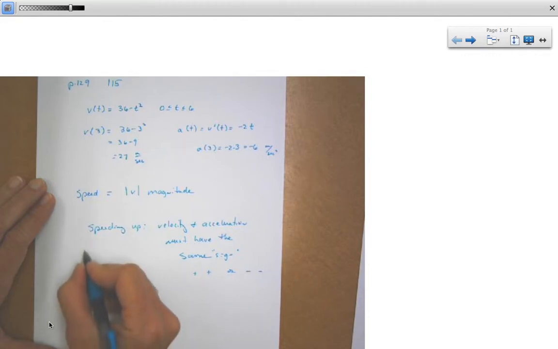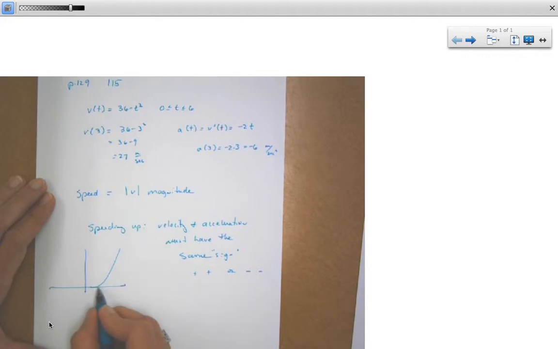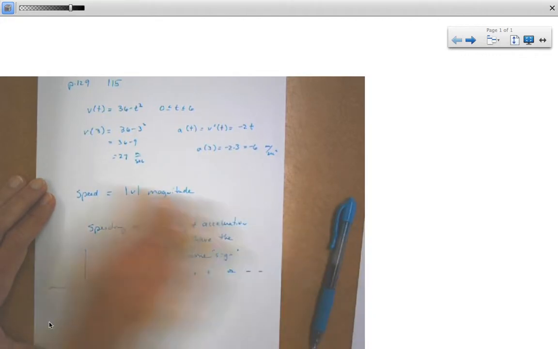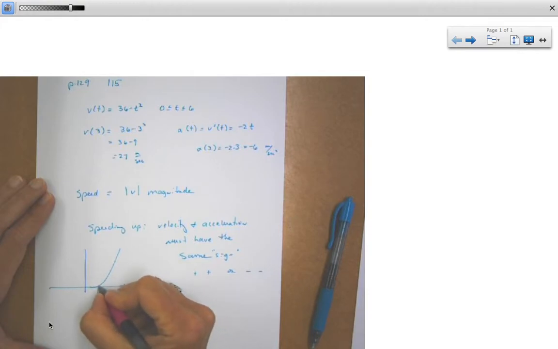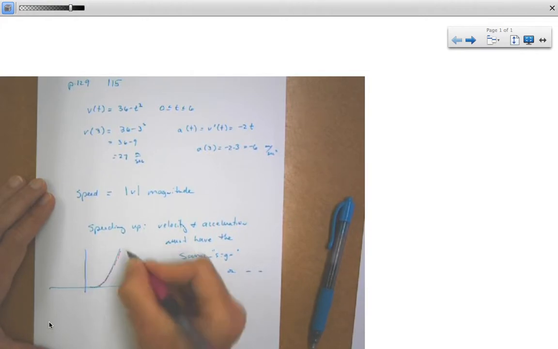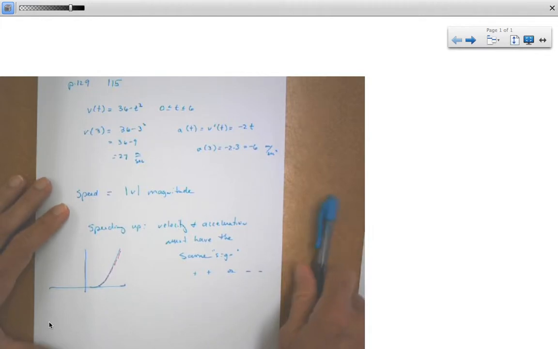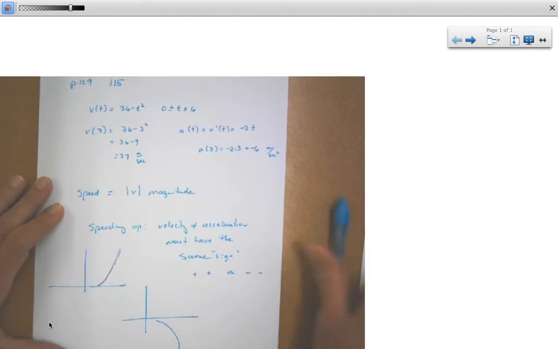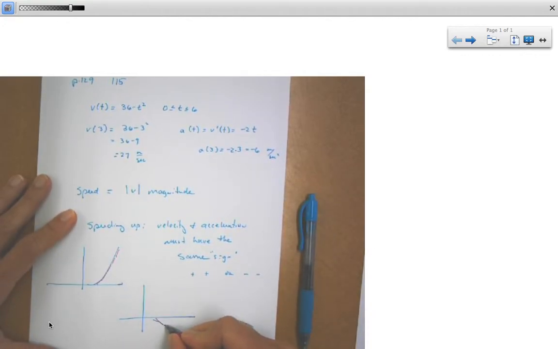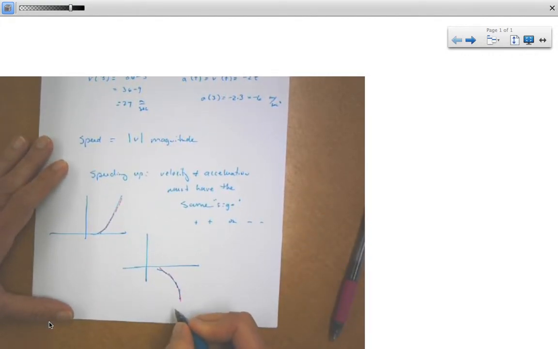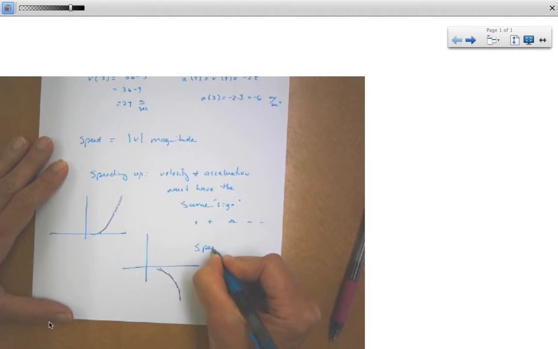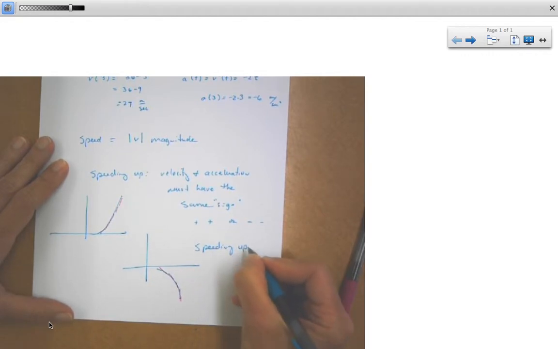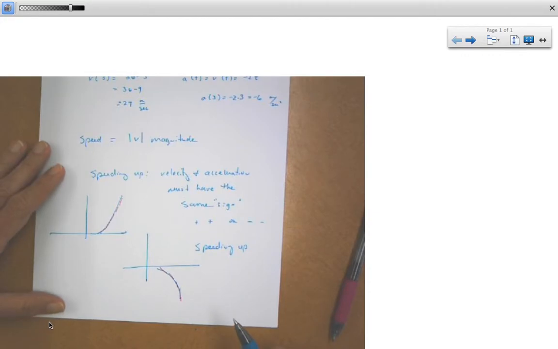If velocity is positive and acceleration is positive, the rate of change of velocity, the tangent lines, will always have a positive slope. It's speeding up quickly. Or if velocity is negative and acceleration is negative, notice that the tangent lines are also getting steeper quickly, getting more negative. These are examples of a particle speeding up. Velocity and acceleration have the same sign.